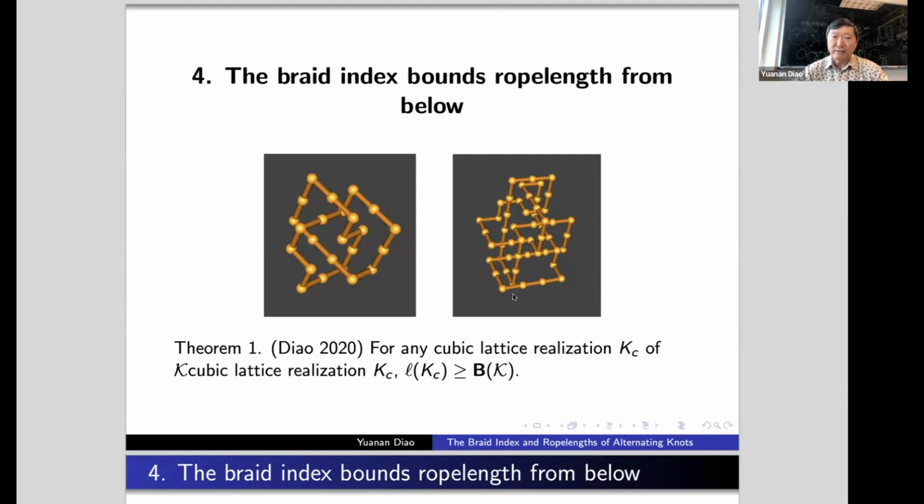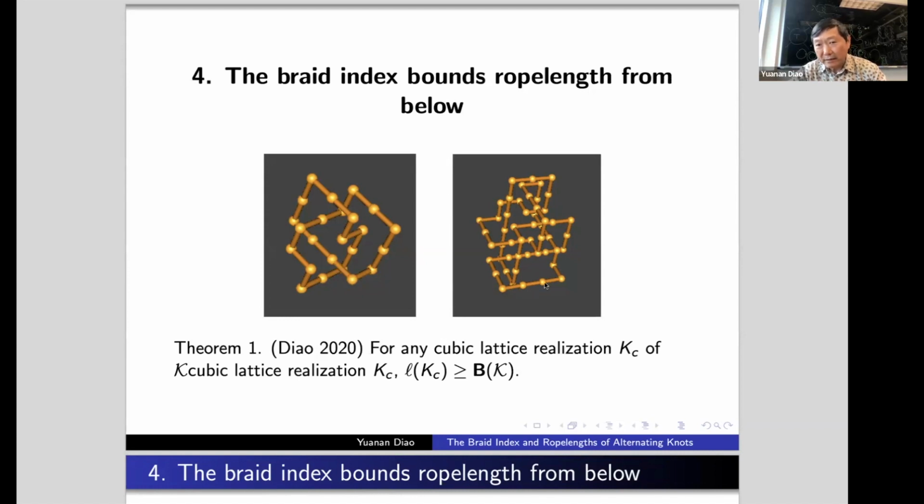So the cubic lattice, here are two examples. The cubic lattice is Z to the power 3, right? So the lattice points all have integer coordinates. On the left side is the trefoil. Here each segment has length 1, and every vertex has integer coordinates.